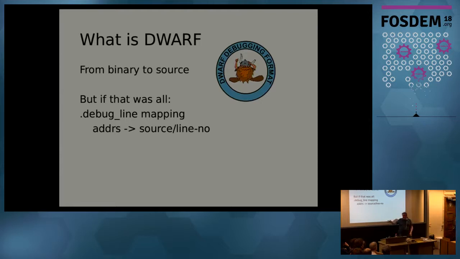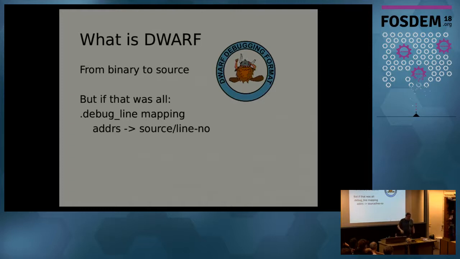When I wrote the title, going from binary to source, that's just part of what DWARF is, because if that was all there is, then you just need the debug line mapping. You take an address, oh, that's the source line.